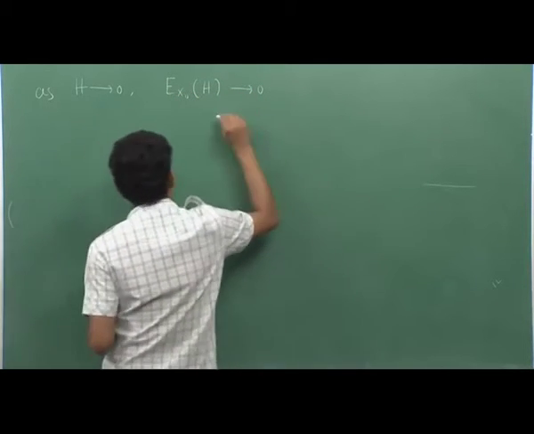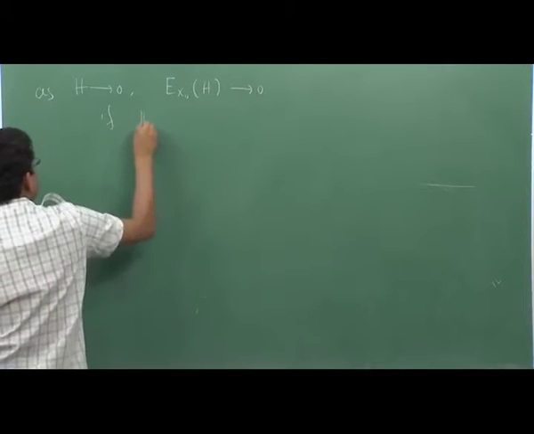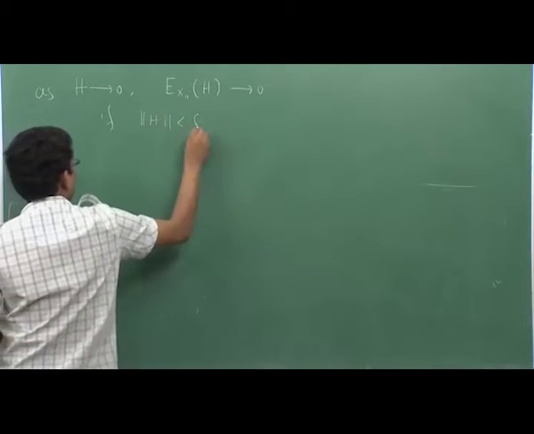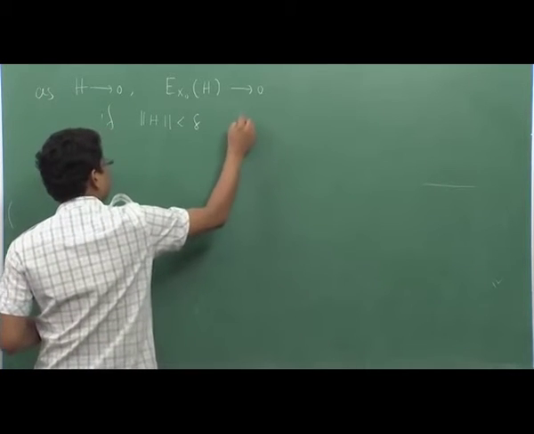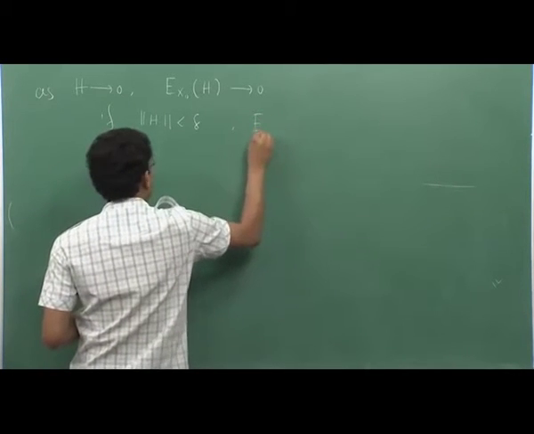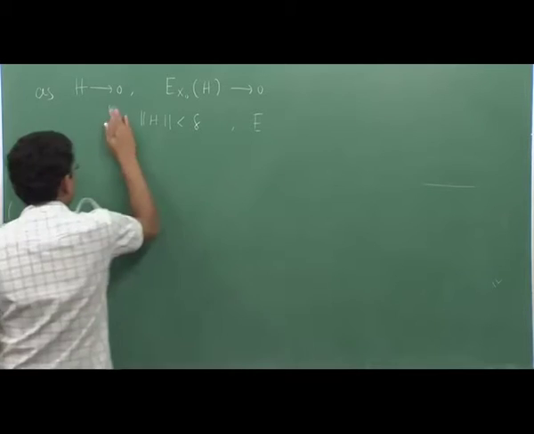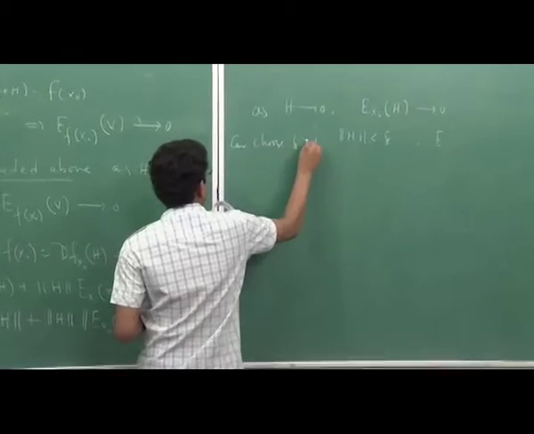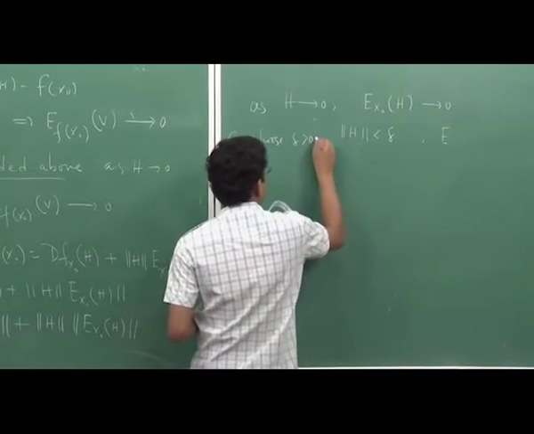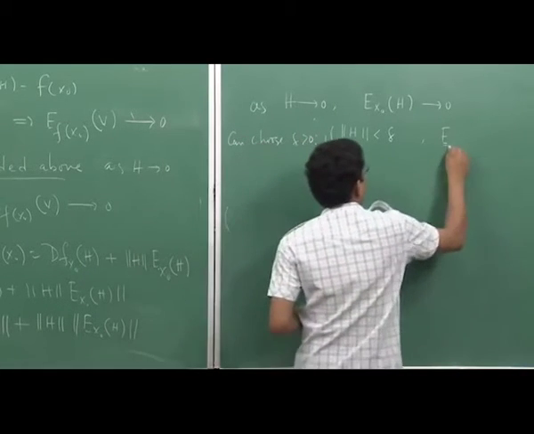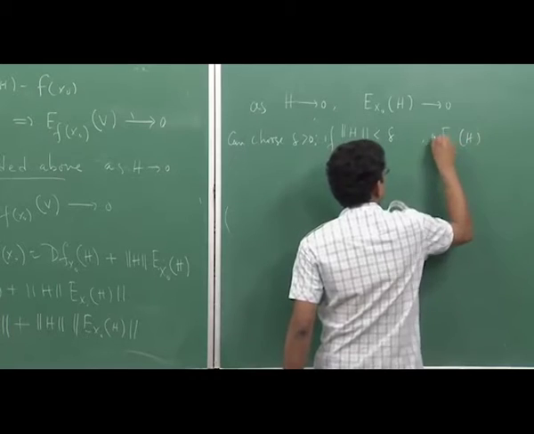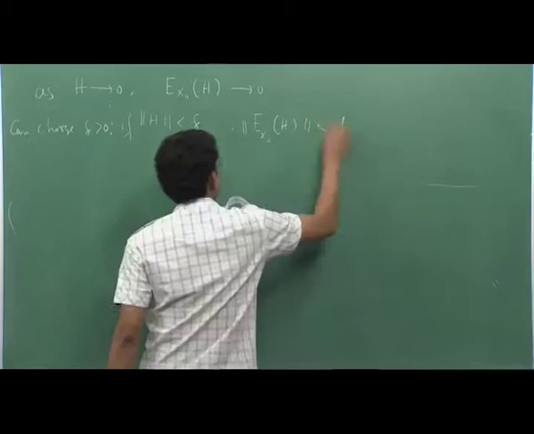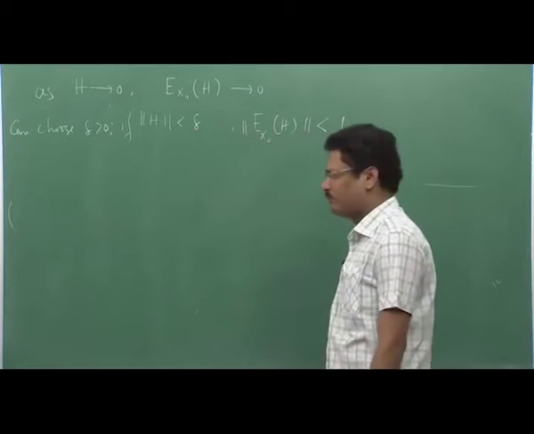So, I can choose delta such that if H is less than delta, the norm of E x naught H will be less than 1, because it goes to 0, so it will be less than any positive quantity.